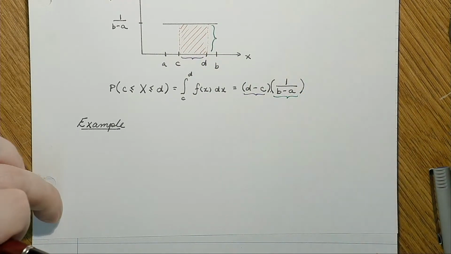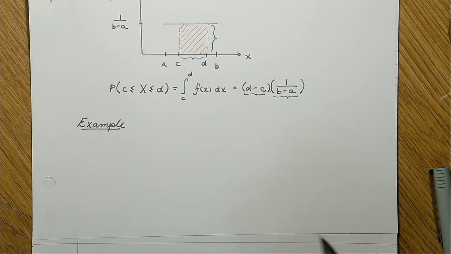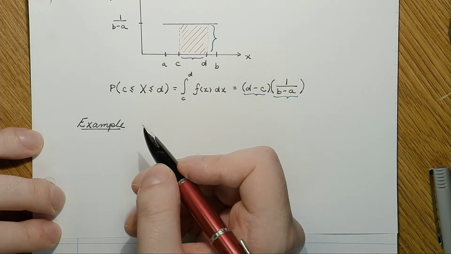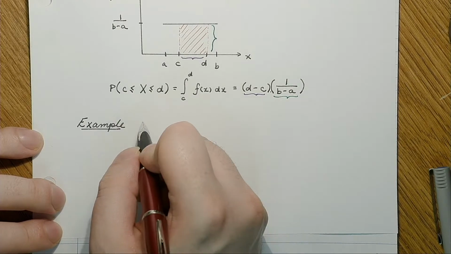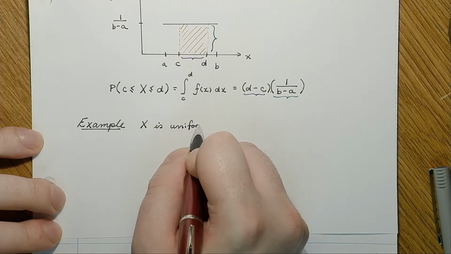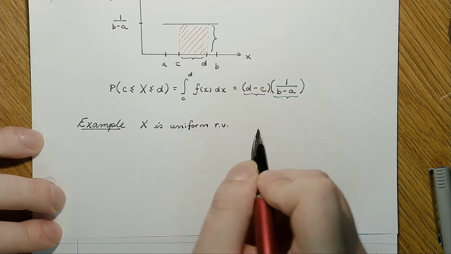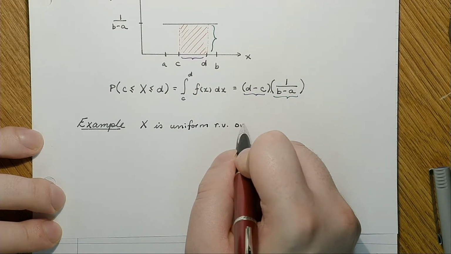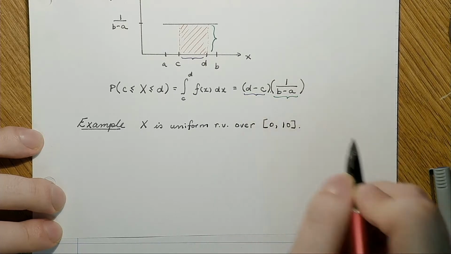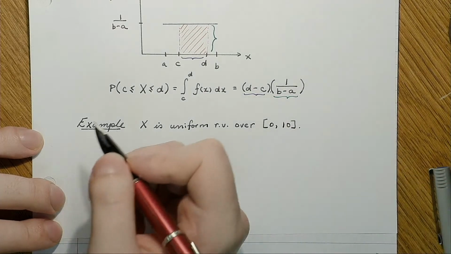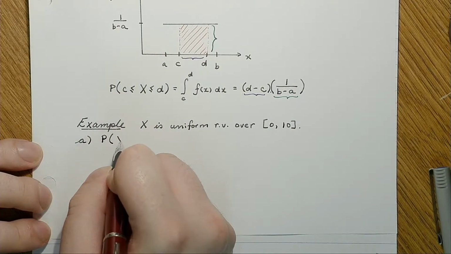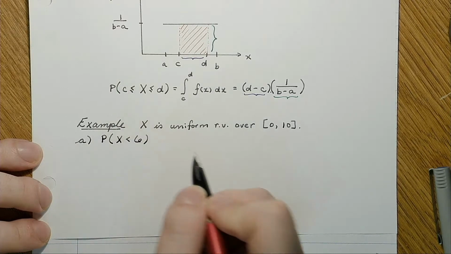There we go. So here's our example. Let's say that x is a uniform random variable over the interval 0 to 10. Let's calculate the probability that x is less than 6.